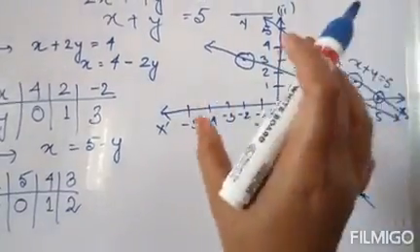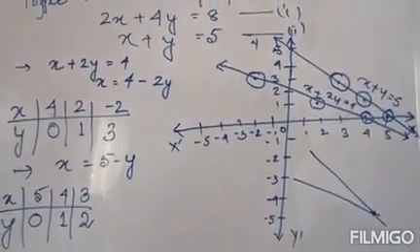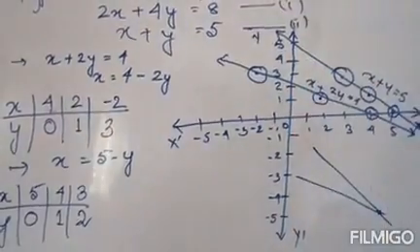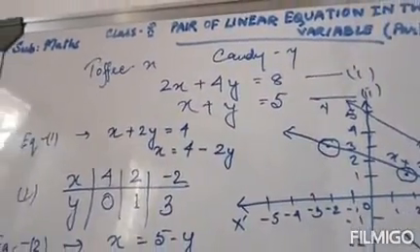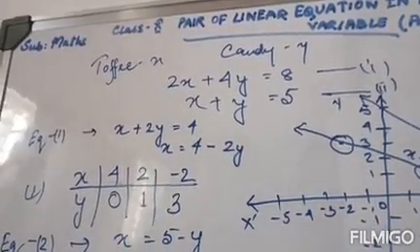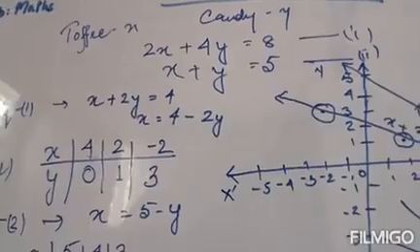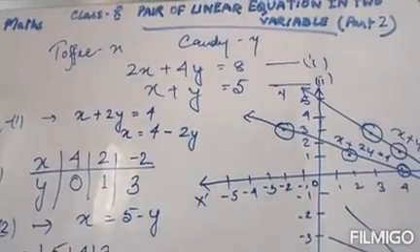From there we will conclude there are three types of representation of equations, lines, when we draw them on the graph, and we'll be discussing those things in detail in this video.